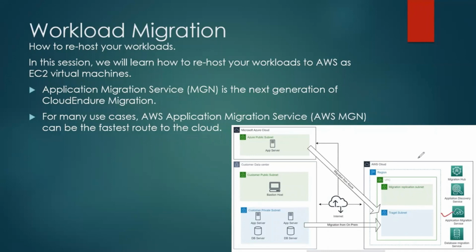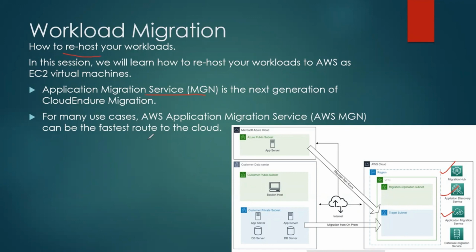In the previous slides I stressed using Migration Hub for monitoring and Application Discovery for gathering the data. When we have complete data, we will start migration of the servers using the lift and shift rehost approach. I'm using Application Migration Service, which is the next generation of CloudEndure Migration. Previously CloudEndure was used, but now AWS recommends using Application Migration Service.